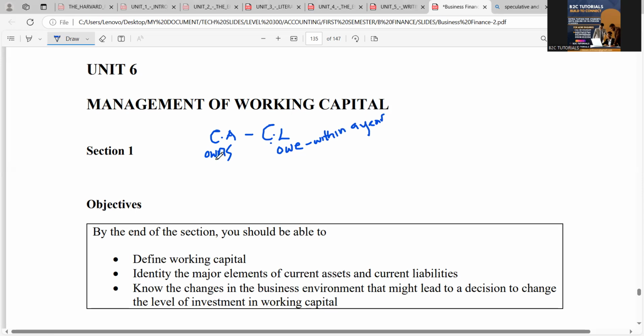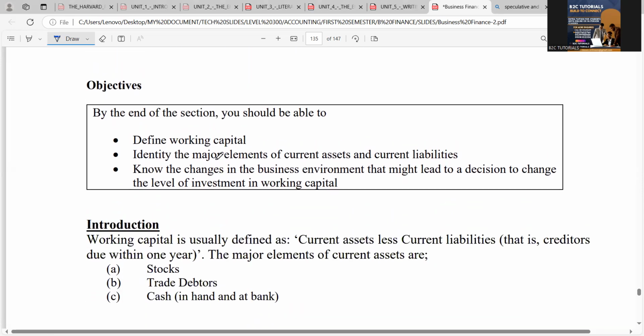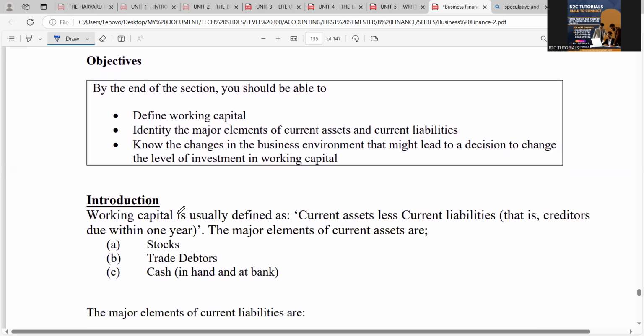So working capital is usually defined as your current assets less your current liabilities. That is your creditors within 1 year, and then the assets that you own within 1 year.